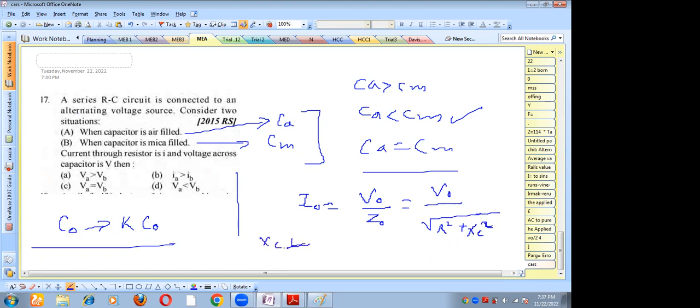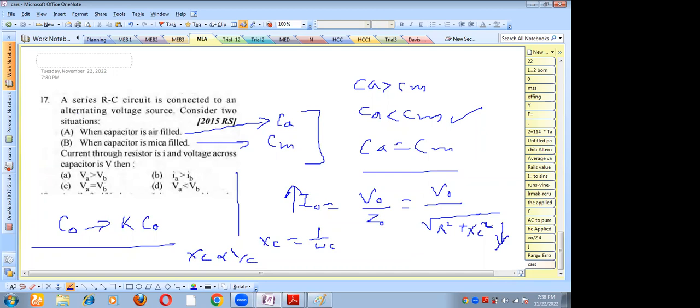XC is 1 by omega C. You know that XC is 1 by omega C, so XC is inversely proportional to capacitance. So when capacitance increases, XC will decrease. XC decreases means the denominator decreases, so current will increase.